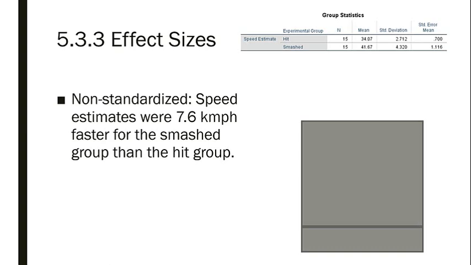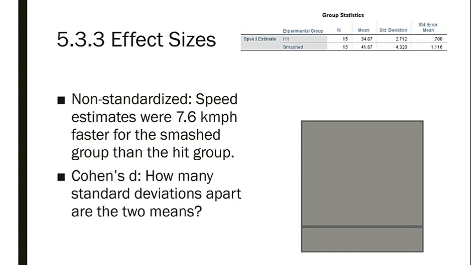So we can conclude that speed estimates were 7.6 kilometers per hour faster for the smash group than the hit group. It's also good practice to report a standardized effect size. And Cohen's d is the effect size that answers the question, how many standard deviations apart are the two means?